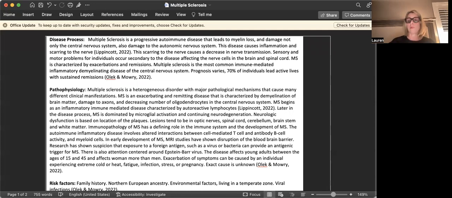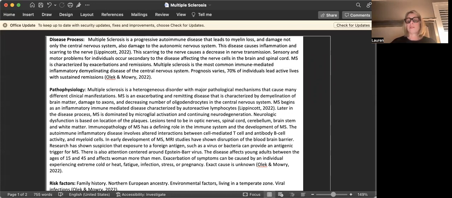And this is where the problem with MS occurs. The myelin sheath has experienced demyelinization, so the signal isn't being transmitted properly to the area that the nerve supplies. So in MS, we're talking about the nerve cells in the central nervous system, which is our brain and spinal cord.